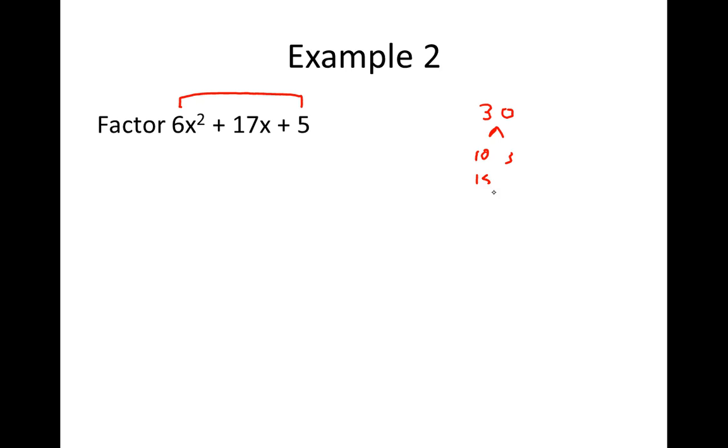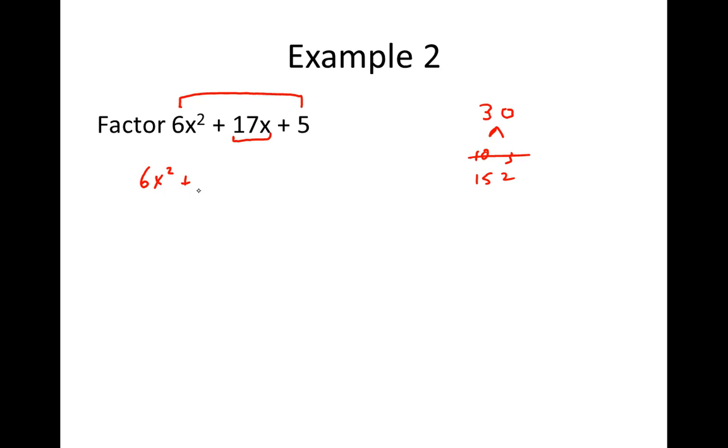Ooh, 15 and 2. So 15 and 2 sum to the middle term. Now, again, it's not as easy. It's not going to be x minus 15, x minus 2, because of this middle term. This term here, a, is not 1. So what we do is we split up this 17x into 15x plus 2x. What? I know. But hang with me here.